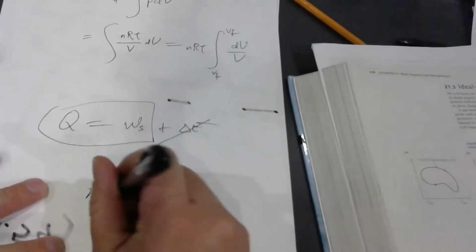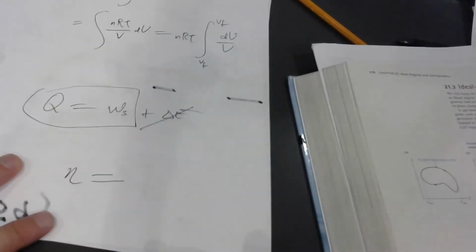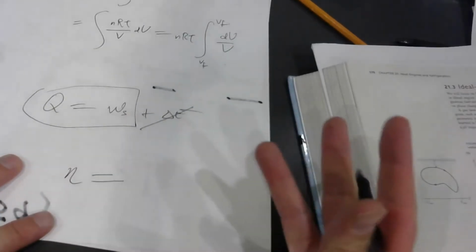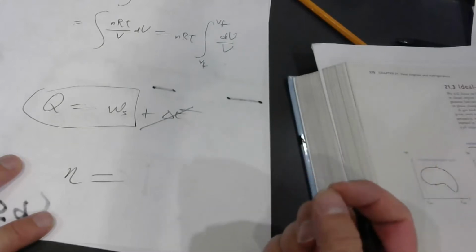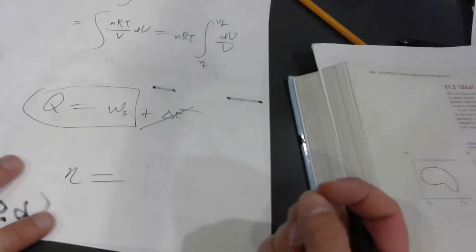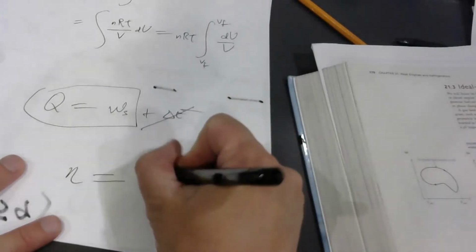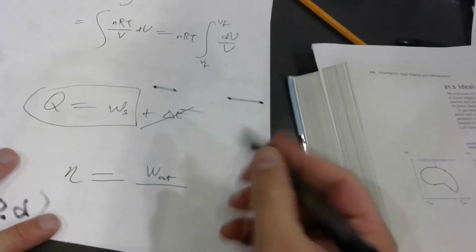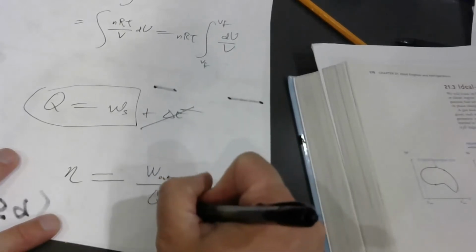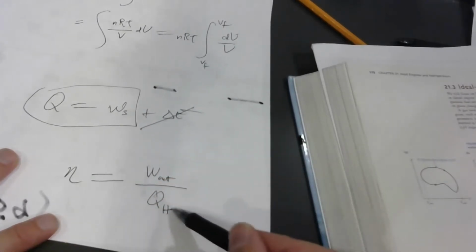The efficiency eta of a heat engine is how much useful work you get compared to what you had to pay for. Well, what you have to pay for is the heat that comes from burning the coal, burning the oil. So it's the output work, or W net, divided by not the net Q, but QH, the heat that was absorbed from the hot reservoir.